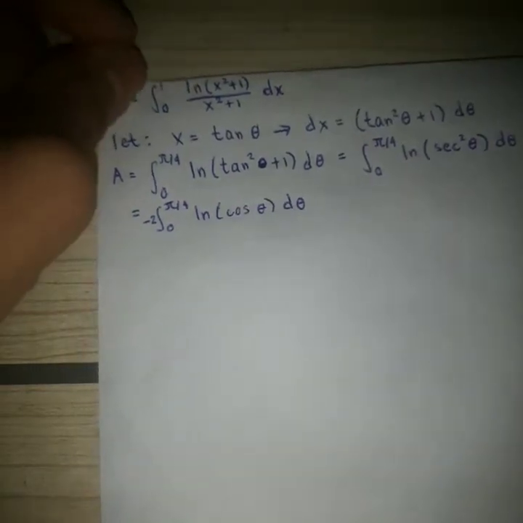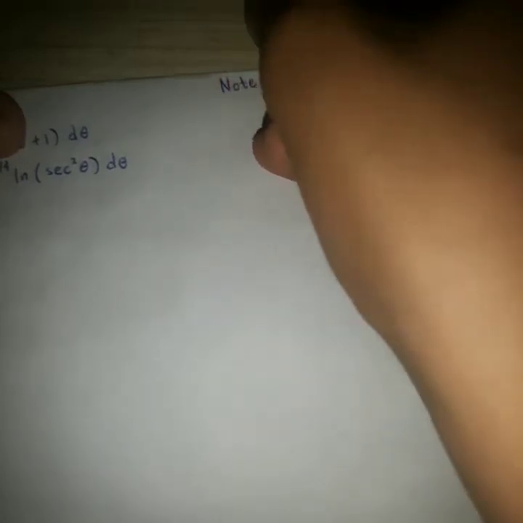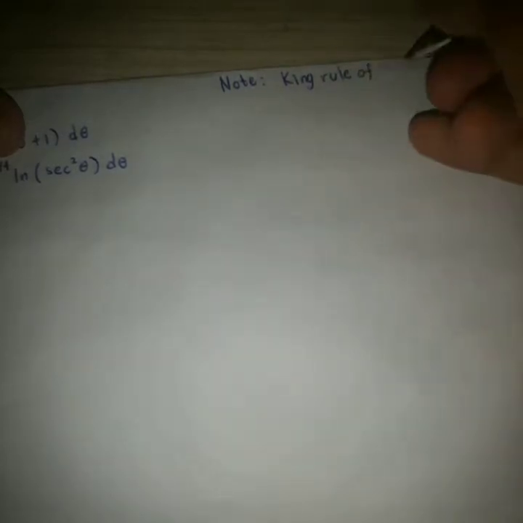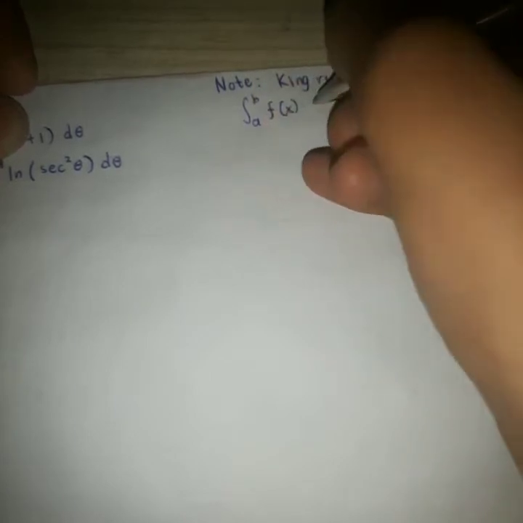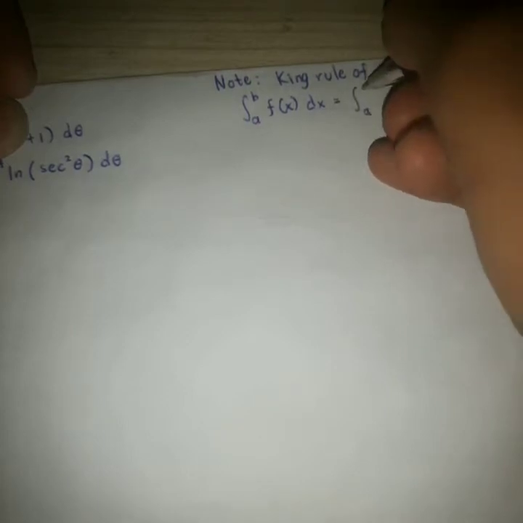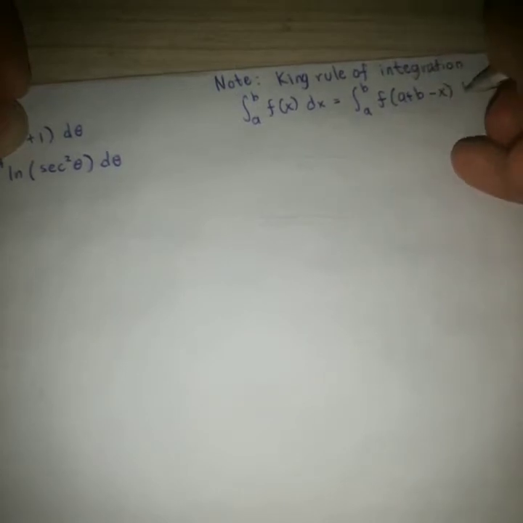So here, by the king rule of integration, note that the king rule of integration is given by: the integral from a to b of f of x dx is equal to the integral from a to b of f of (a plus b minus x) dx.